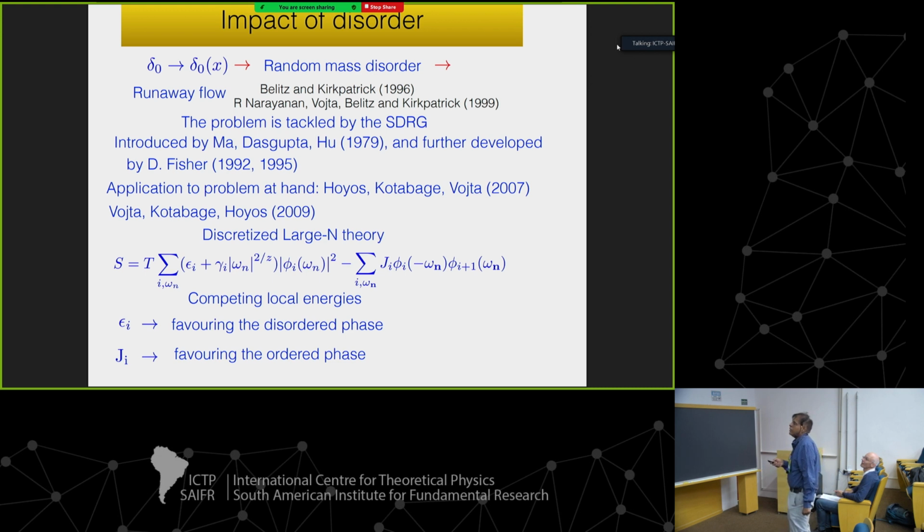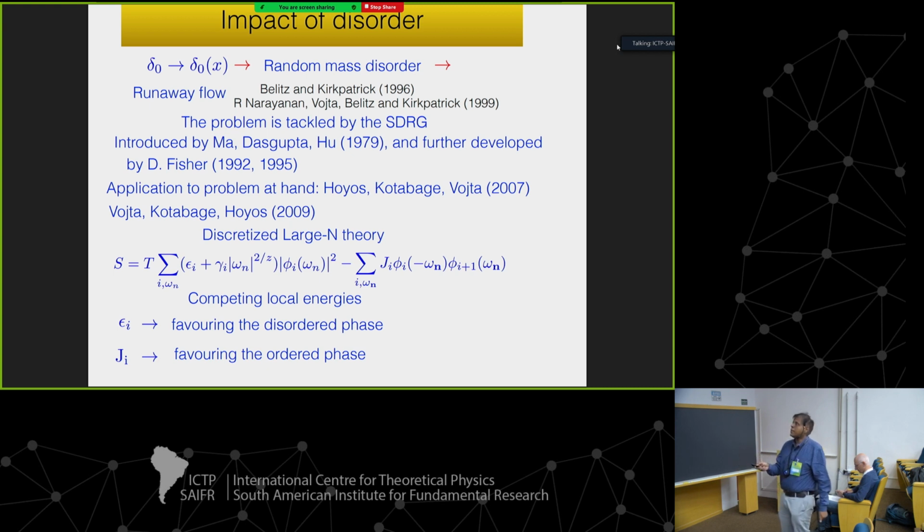For example, in this model, there is an epsilon I, which is some sort of renormalized distance to criticality, and this epsilon I competes with this J I, which forces rotors or order parameters on two sides to lock onto each other.